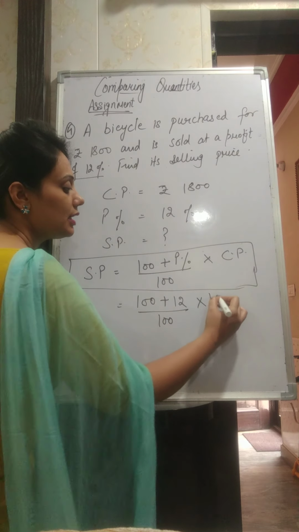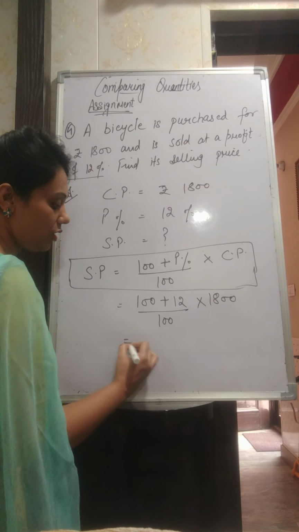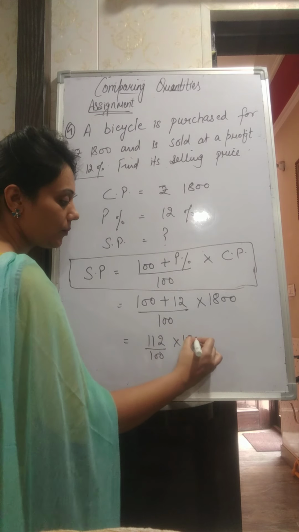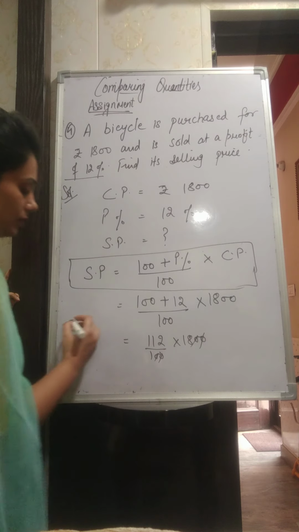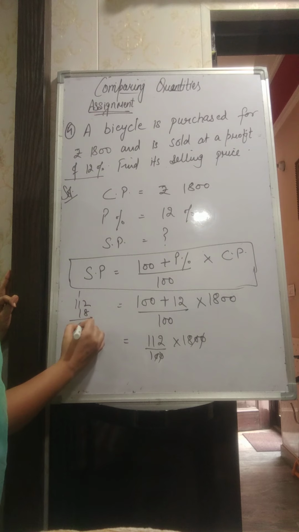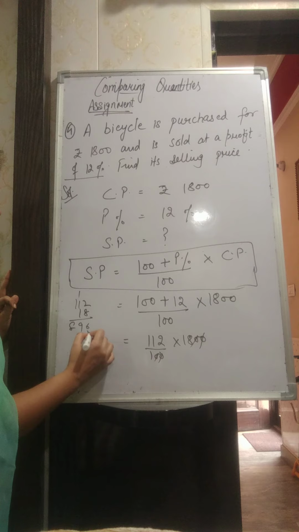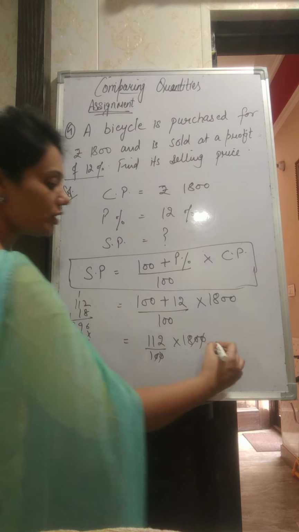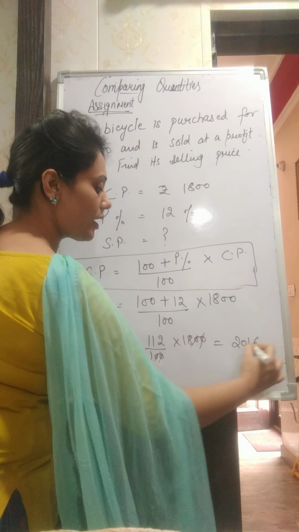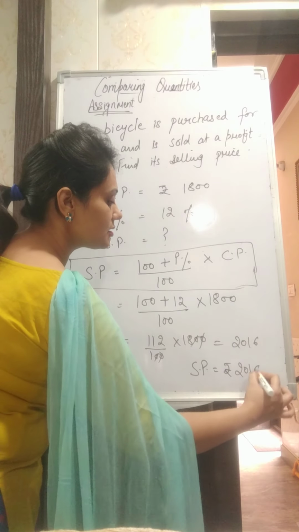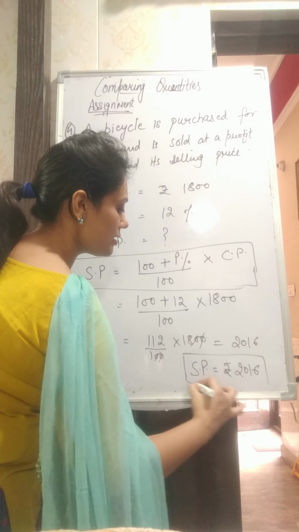CP is what? 1800. Now let us solve. 112 into 18. So it is 2016. So therefore, what is the selling price? The selling price is 2016.